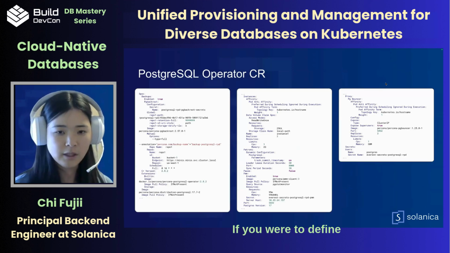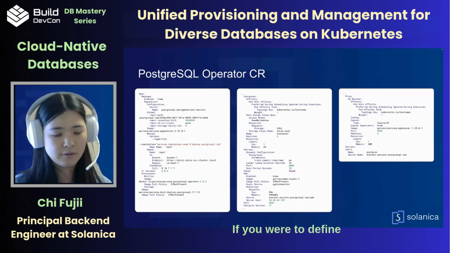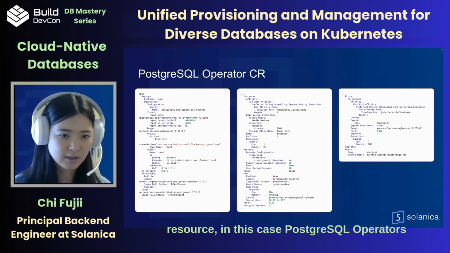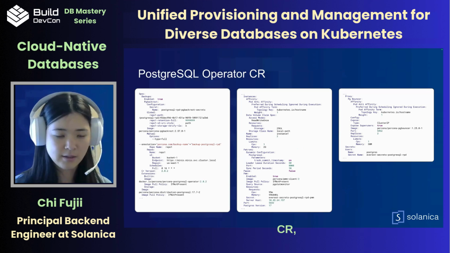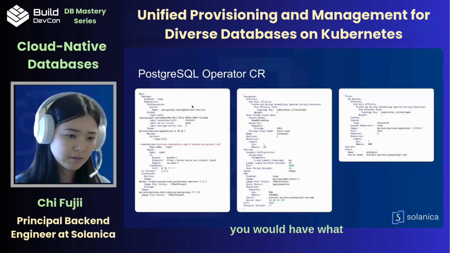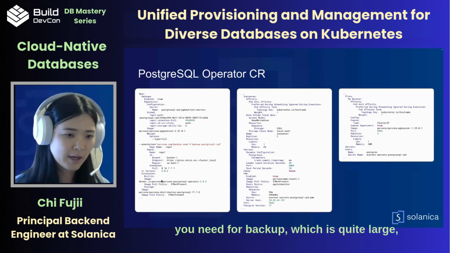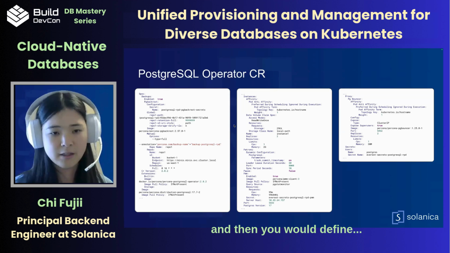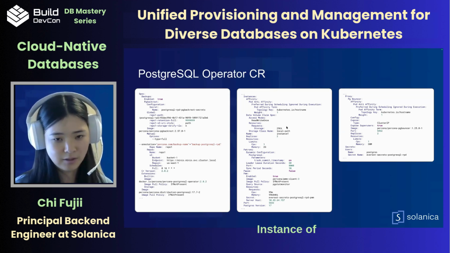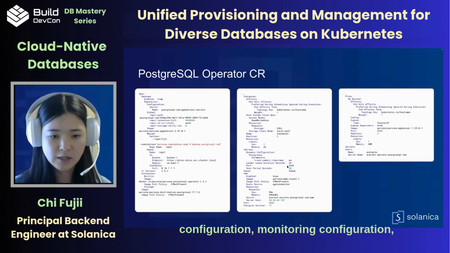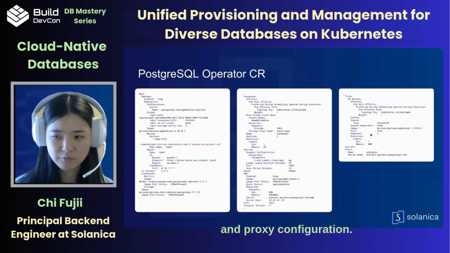So if you were to define this in a custom resource, in this case the PostgreSQL operator's CR, you would have what you need for backup, which is quite large. And then you would define the instance of the database itself, the high availability configuration, monitoring configuration, and proxy configuration.